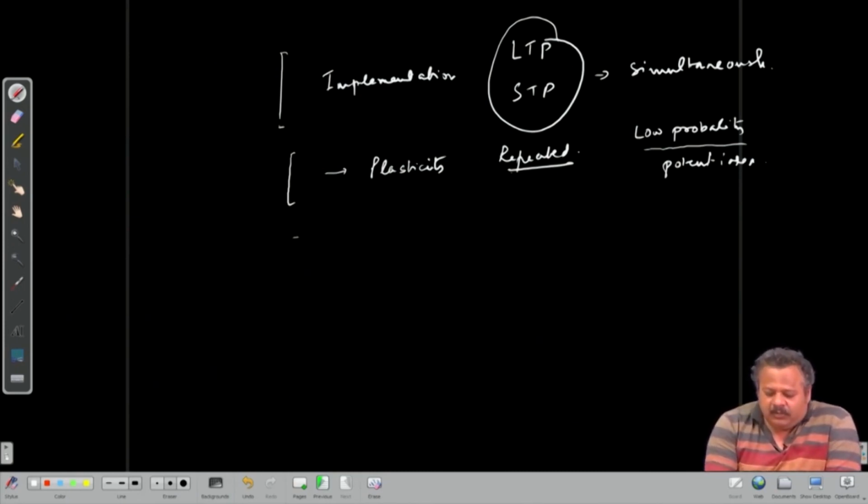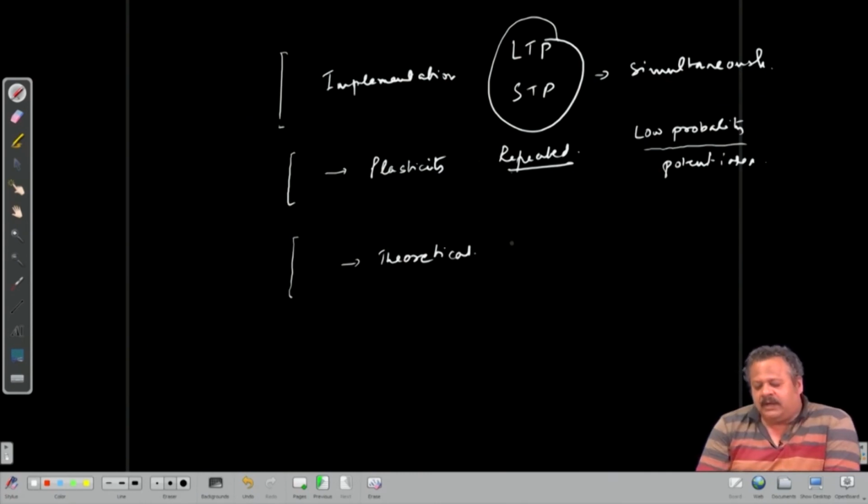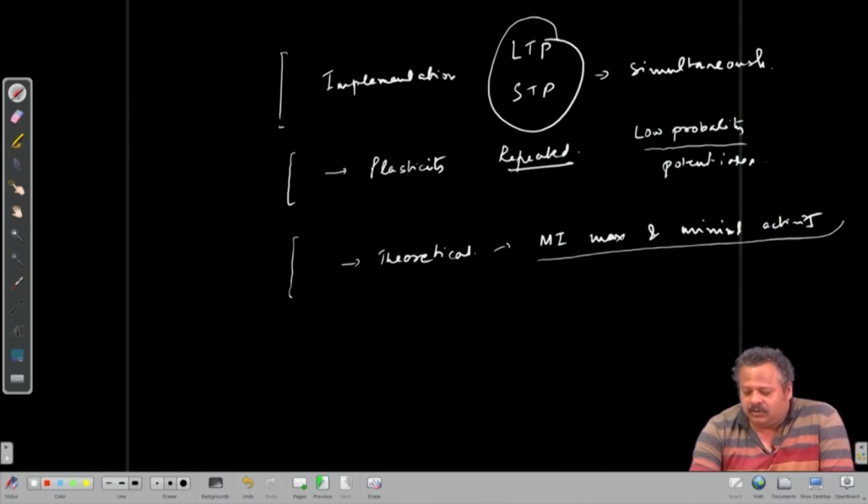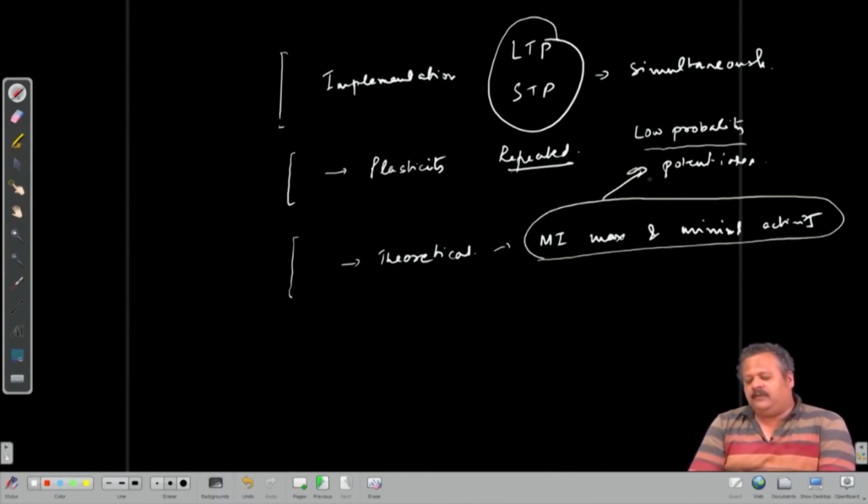Thirdly, we have a theoretical way of looking at the same problem and showing that actually with mutual information maximization and minimal activity, we can actually show this counterintuitive kind of plastic development in the cortex.